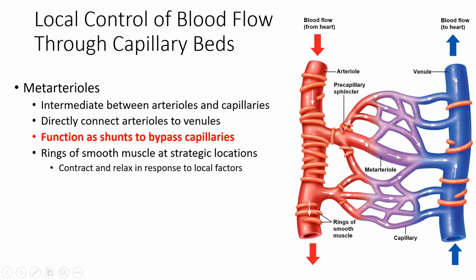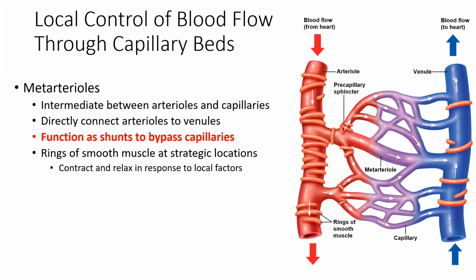And so it essentially is going to shunt or bypass blood from going to the capillaries and send that blood directly back to the venules, okay? And, you know, it's kind of counterintuitive to think that we're going to be bypassing the capillaries, but in some instances that is ideal. That is what we want.